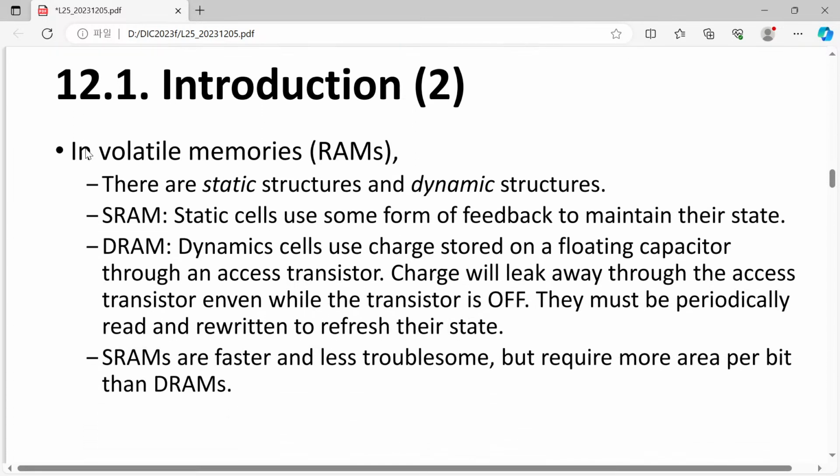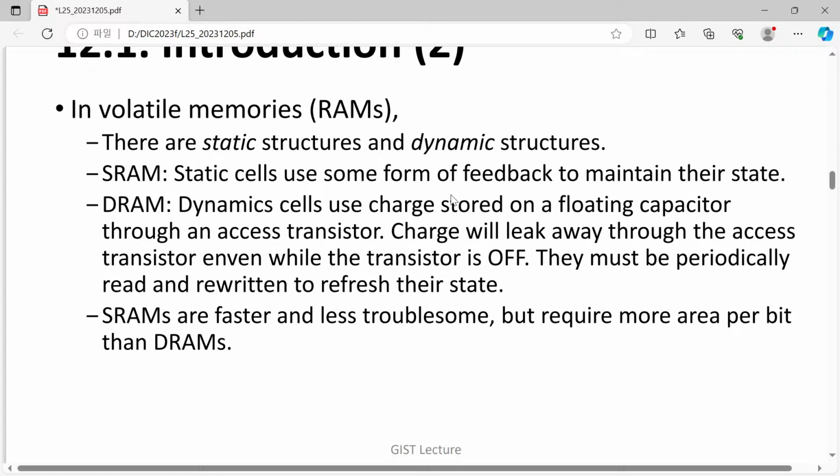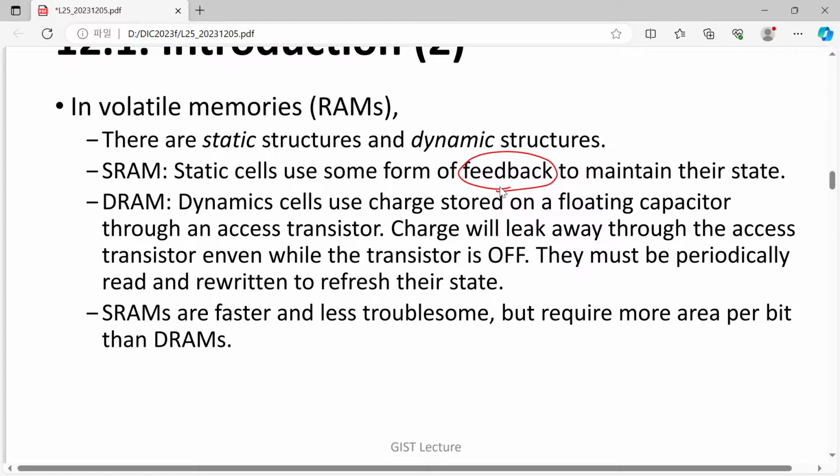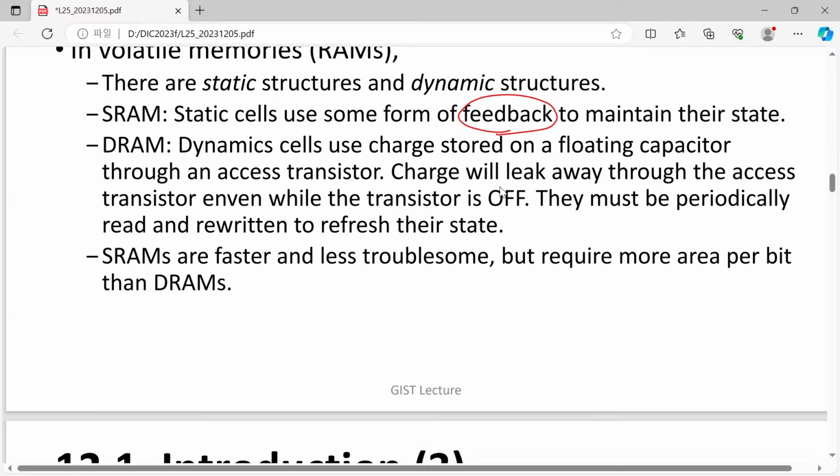In volatile memories, there are static structures and dynamic ones. Static means SRAM, and the dynamic structure is DRAM. In the case of SRAM, we use feedback and the state is maintained, while in DRAM there is no feedback loop. It is frequently drawn in this way.